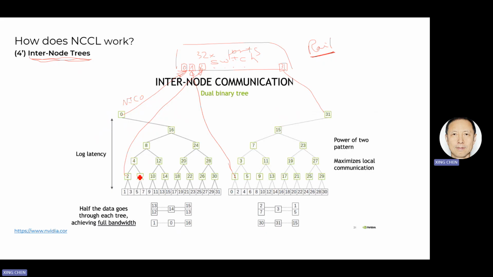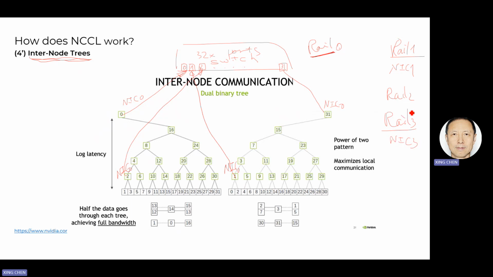This is one rail, meaning that here you are connected to NIC 0 and always NIC 0, and this is rail 0. Remember, there is another rail 1 for NIC 1, another rail 2 for NIC 2, and rail 3 for NIC 3.